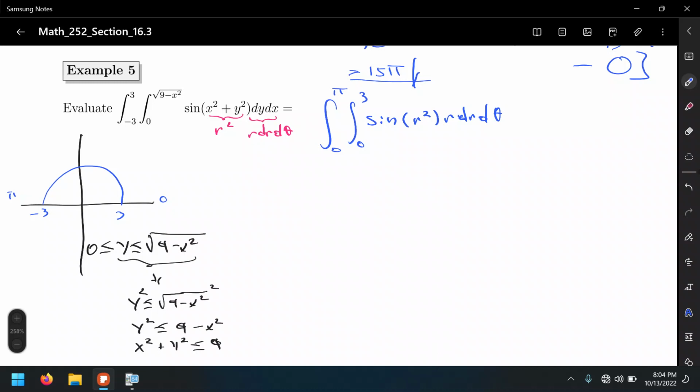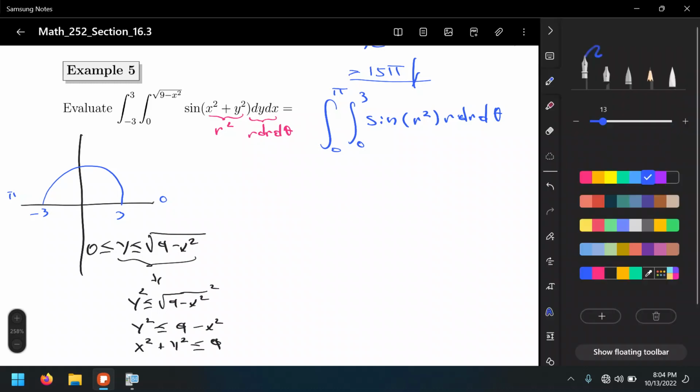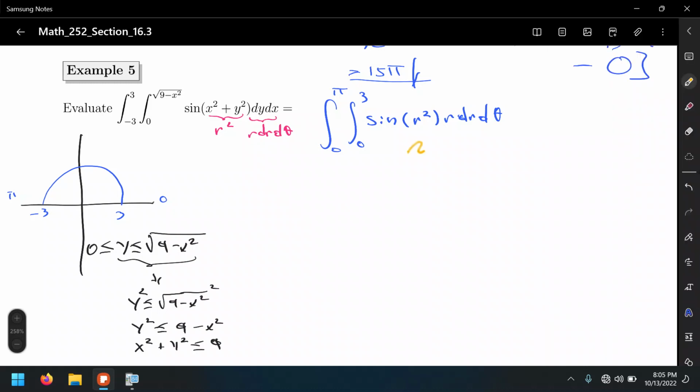And now, thank you, polar coordinates. We got a factor of r that will help us set up the u du part. So u equals r squared, du equals 2r dr, so r dr equals 1/2 du.